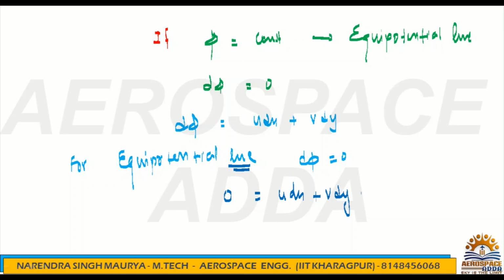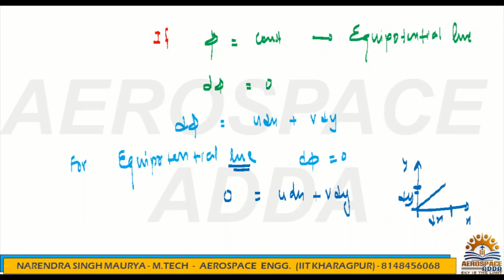Now suppose this is the coordinate system, this is x and this is y. Any distance you can take, this is dy and this distance is dx.